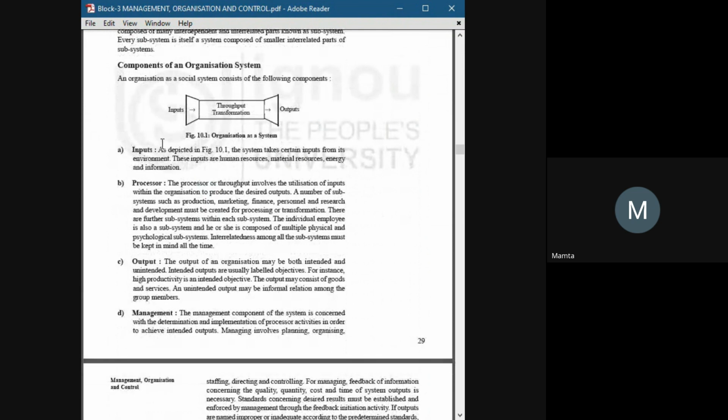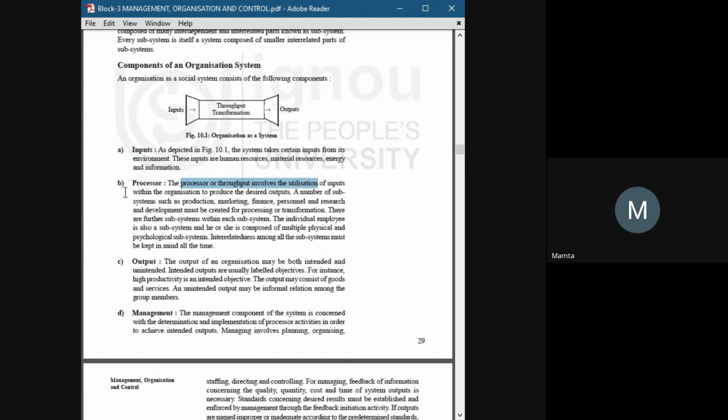Let's read this. Inputs: the efforts we put in an organization in the form of human resources, material resources, energy, and information. The system takes certain inputs from its environment. Now, the processor, or throughput, involves the utilization of inputs within the organization to produce desired outputs.